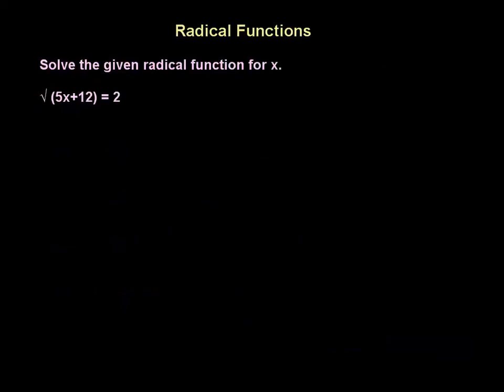Okay, so let's continue our discussion with some questions and problems. I'm going to choose one here, which says: solve the given radical function for x, where the function is defined as, I'm just going to rewrite it for convenience, the square root of 5x plus 12, within brackets, equal to 2, right?